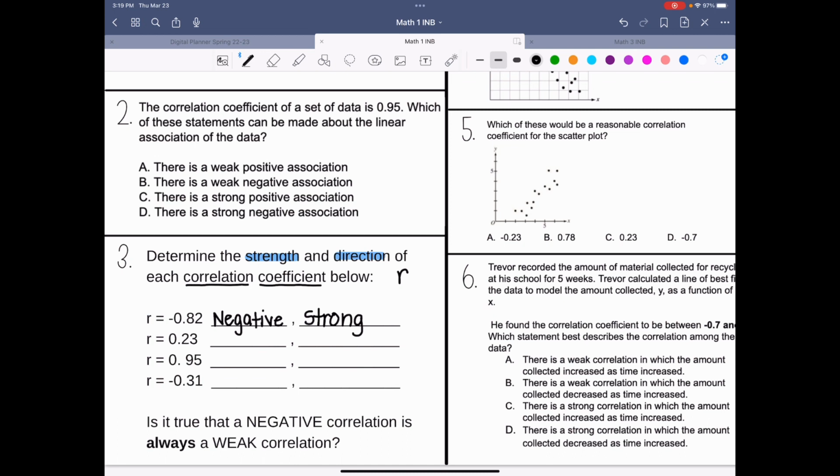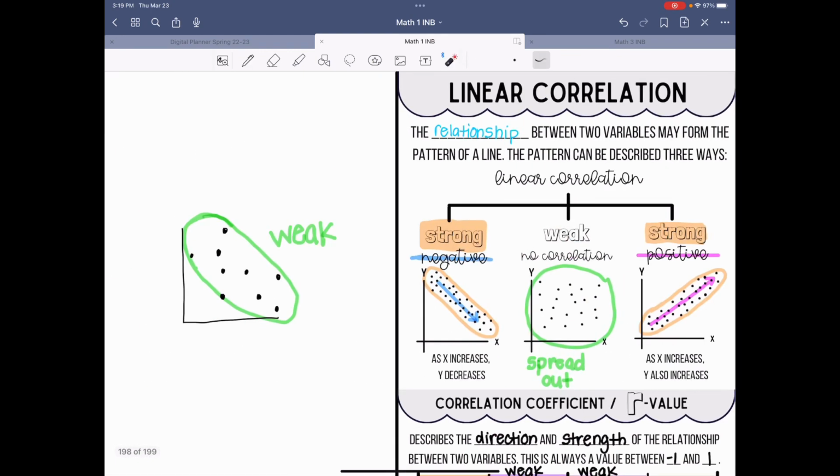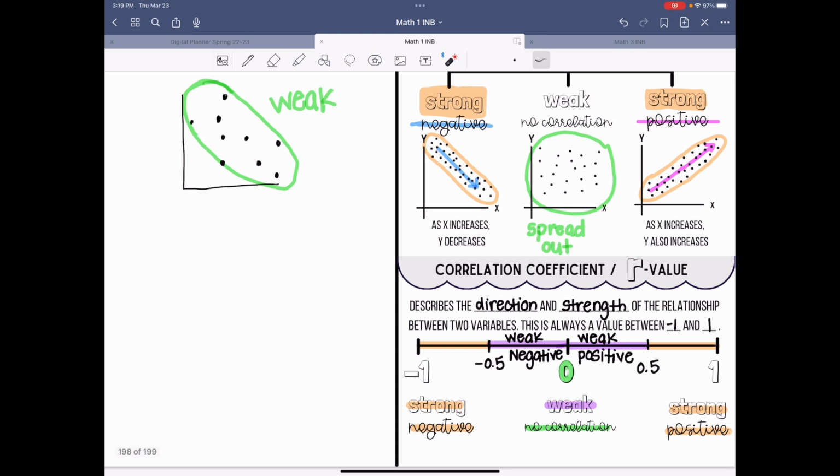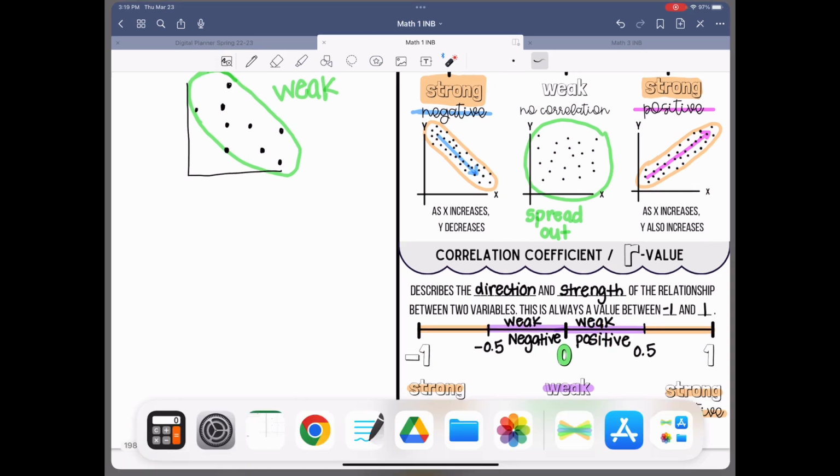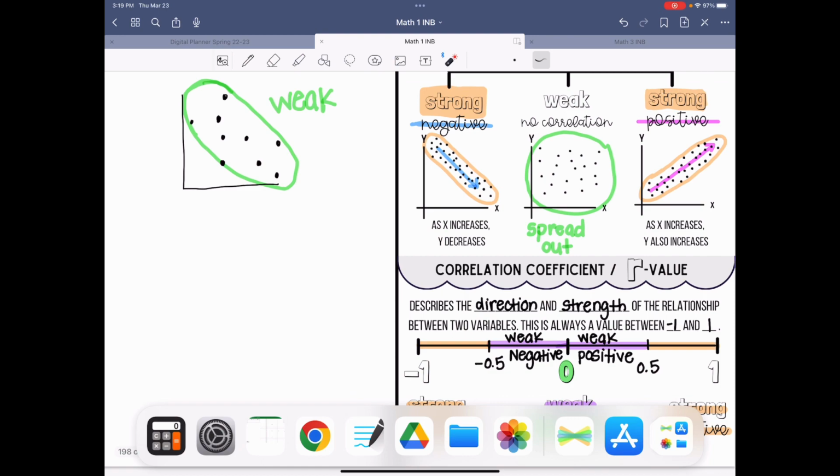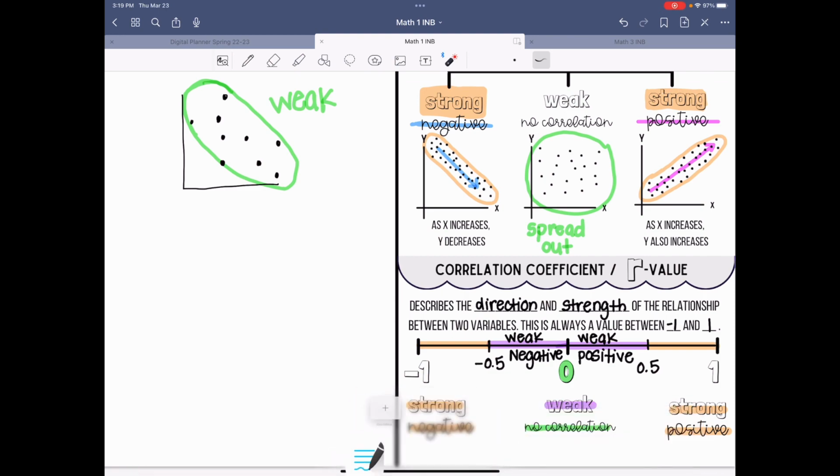Okay, so number 2 is positive 0.23. So this is positive, but 0.23, if I go back to my number line, falls in this range right here, which is positive, but it's also weak. It's closer to 0 than it is to 1.